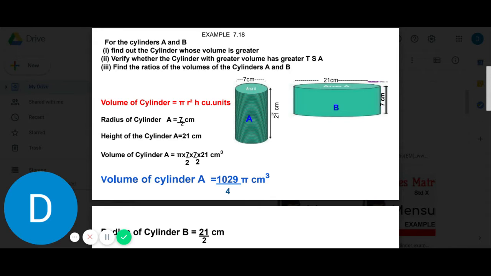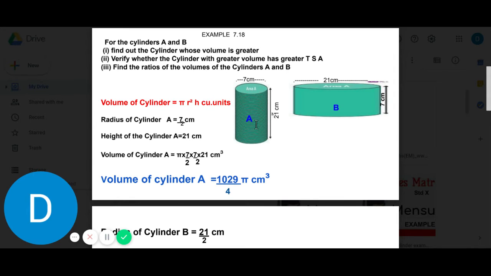So we need to apply the formula to find the volume of the cylinder. Volume of the cylinder is equal to pi r square h cubic units. So we need r and h, that is radius and height. Here, for the cylinder A, diameter is 7 centimeter. Therefore, radius is equal to 7 by 2 centimeter.